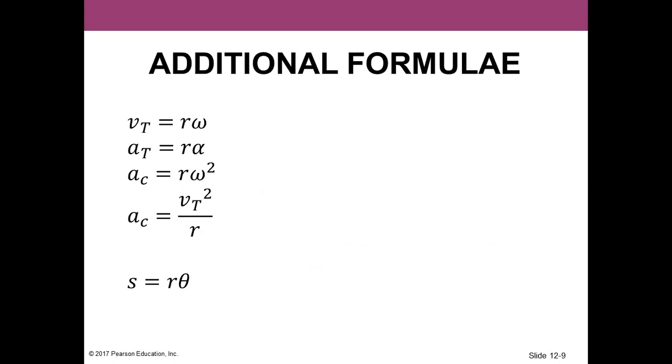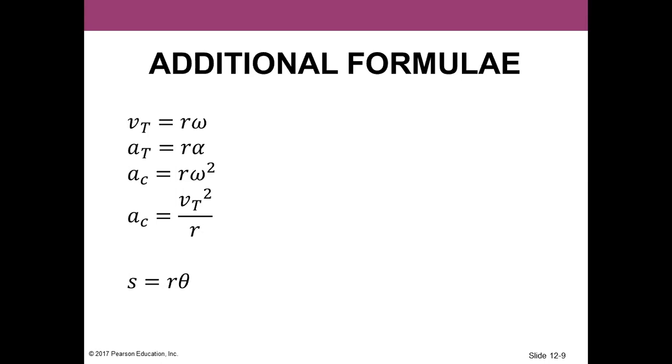So we need to consider also these additional formulas. Tangential velocity is the same as the radius times the angular velocity. Tangential acceleration is the same as the product of the radius and the angular acceleration.